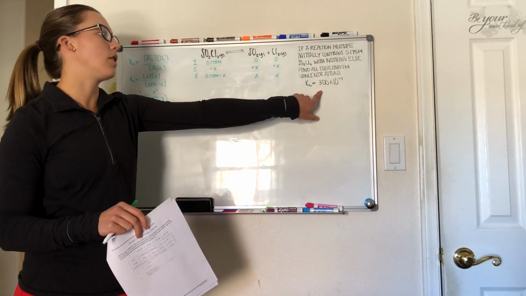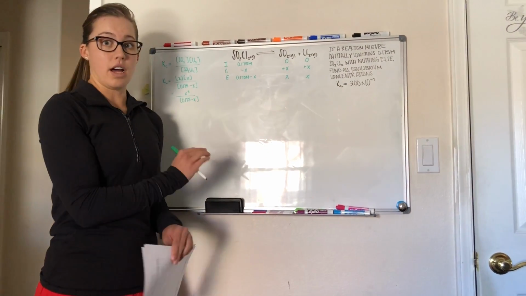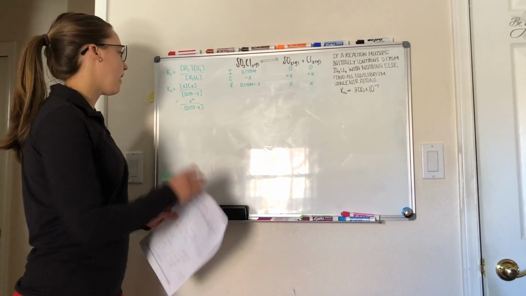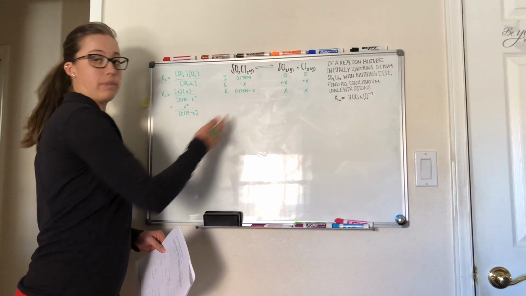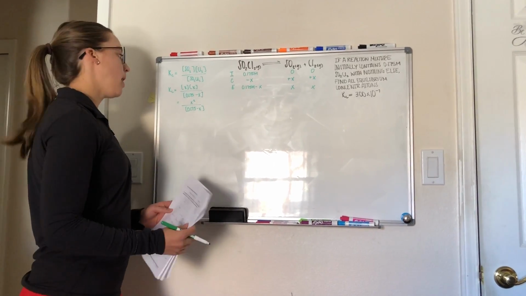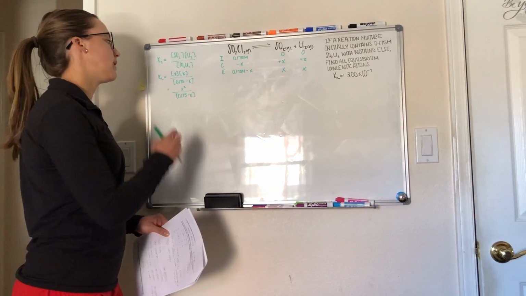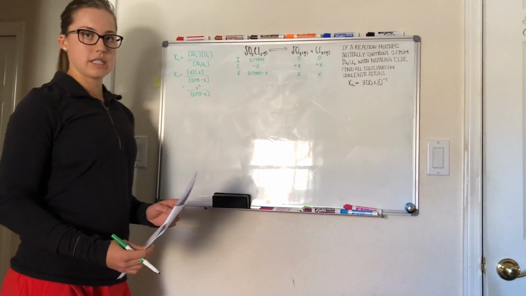There's going to be very little product and a lot of reactant. So since that's the case, we know that if we change this molarity by just a little bit, if we subtract some off or bring some back on, it's not going to change it that much based on sig figs because it's so different in comparison to these two concentrations.